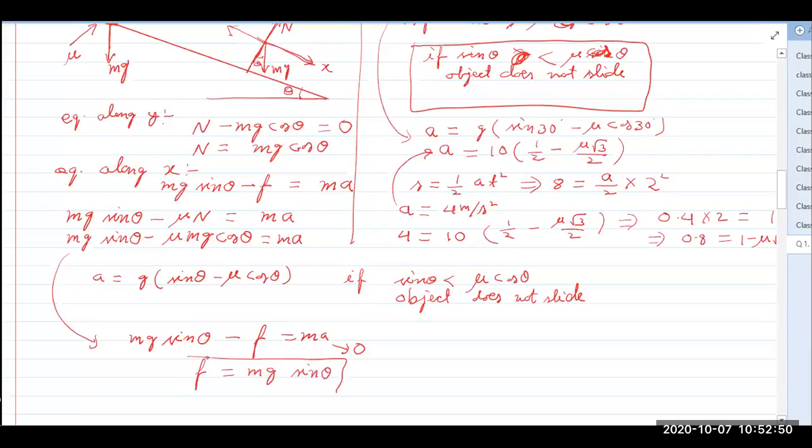If an object is stationary on the incline, then the friction is not mu mg cos theta but only mg sin theta, because mg sin theta is the component of gravity along the incline, and only that needs to be stopped by the friction. Because this is the applied force along the incline.